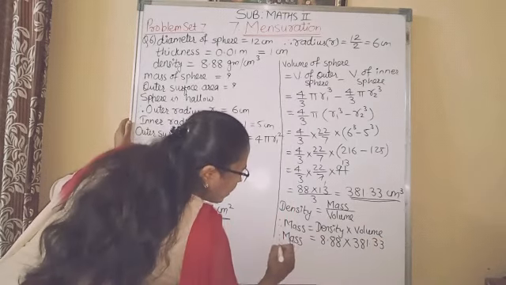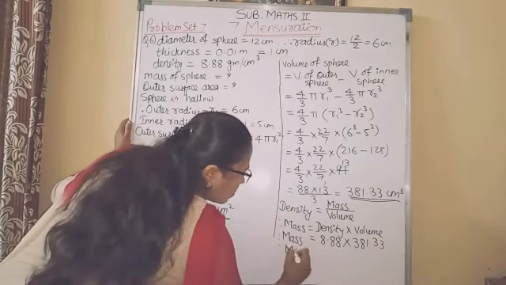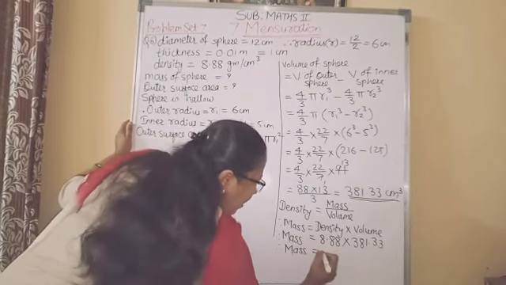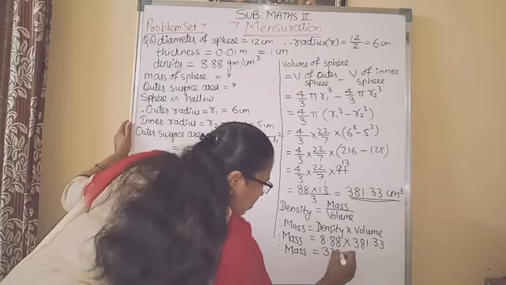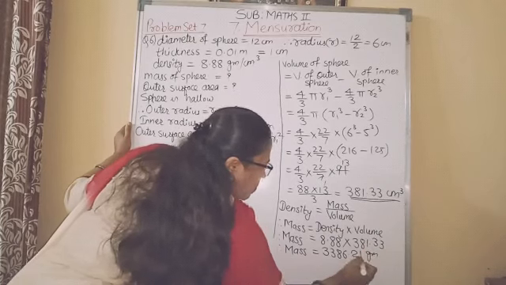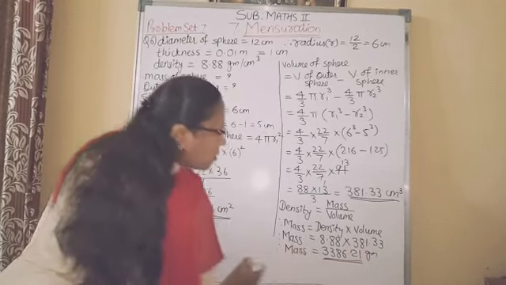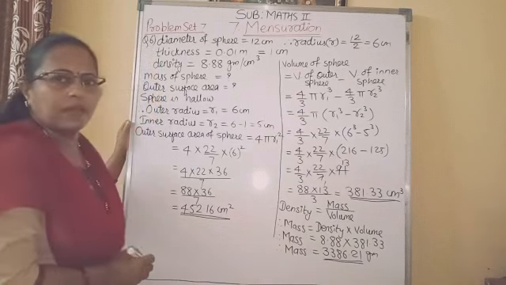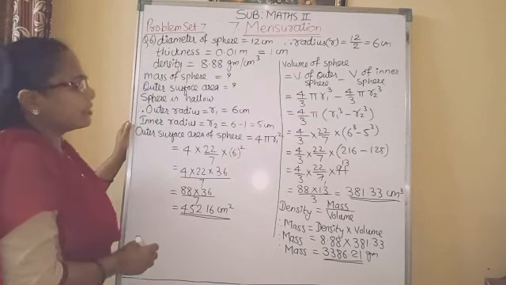So if you multiply this, you will get answer mass is equal to 3,386.21 and unit for mass is gram. So this is the answer. Then write the answer in statement.